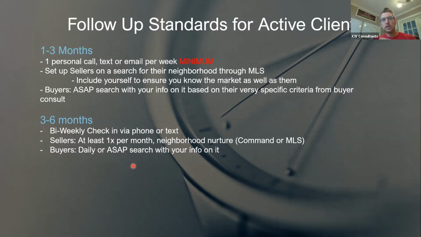And then on buyers during this time, I'm setting them up on a daily or ASAP search, depending on how much inventory. I like them to be getting an email from me pretty regularly, again, with my info on it. If they're looking in a really specific area, I'm going to set them up on an ASAP search just to make sure they're hearing from me often.